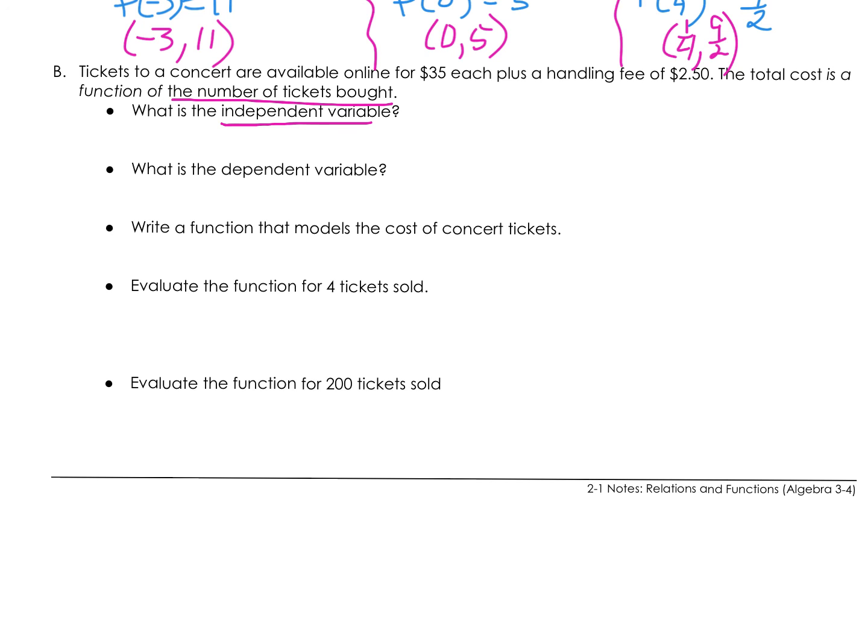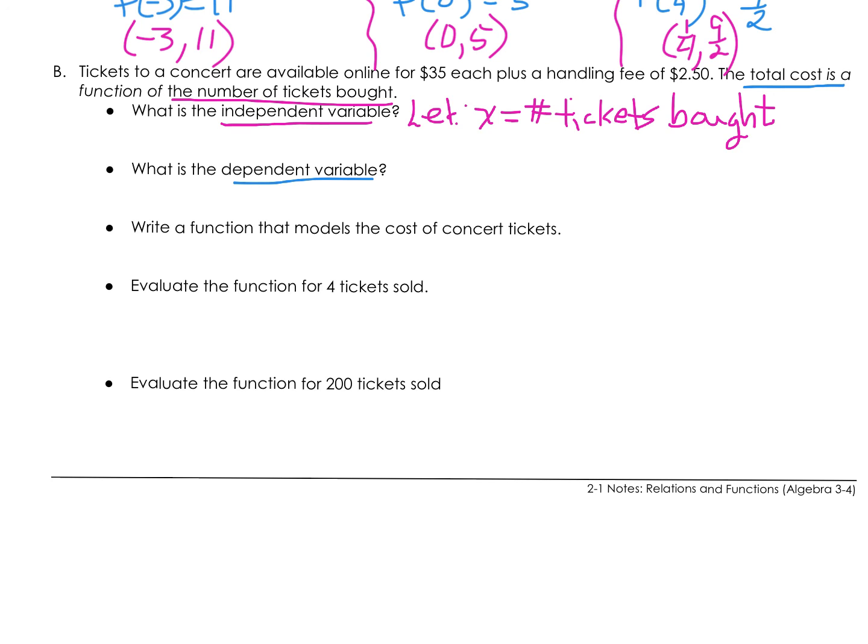So we are going to let x equal the number of tickets bought. Okay, so then your dependent variable is the total cost is a function of.